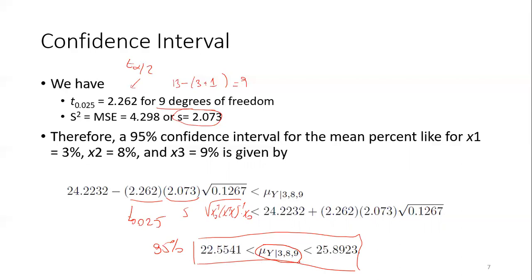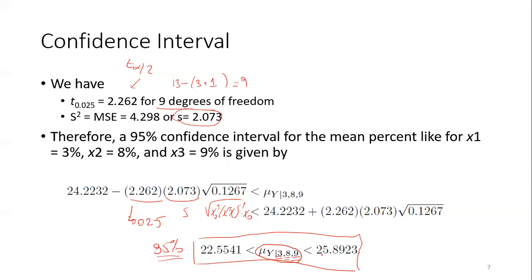What does this mean? This says that, well, if you just put 3% meat, 8%, let's say, vegetables, and 9% spices, the average, the mean like ratio of this food will be between 22.55 and 25.89, okay, between these two numbers with 95% confidence. Okay, so its mean like ratio is between this and this, right?